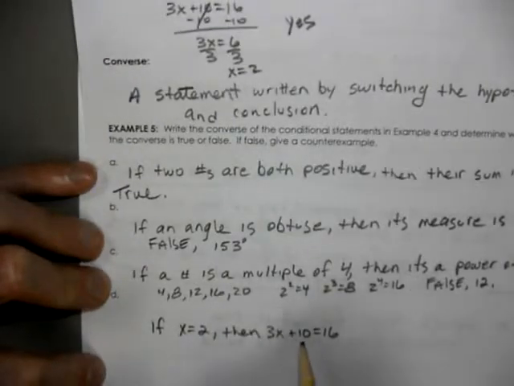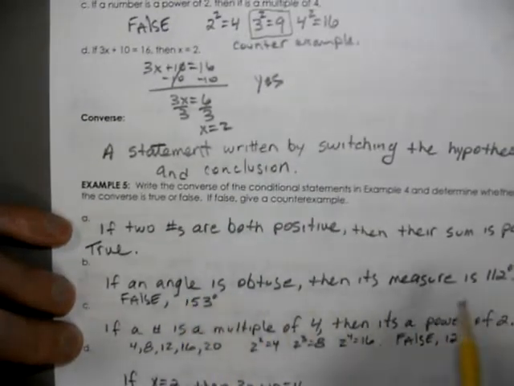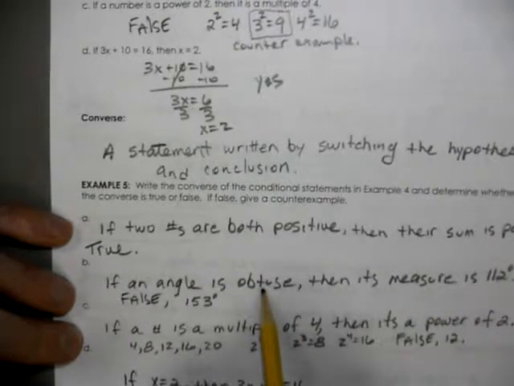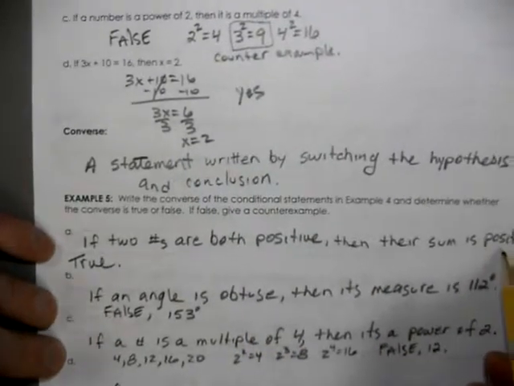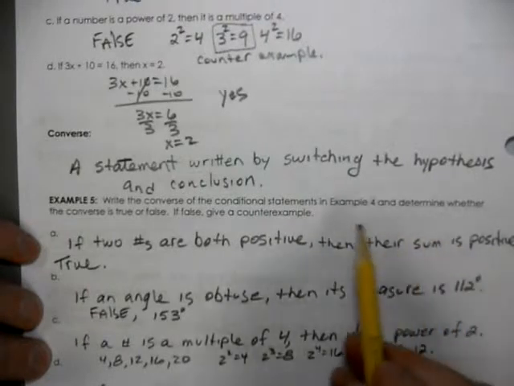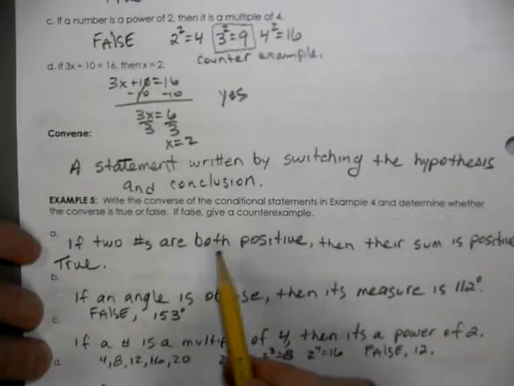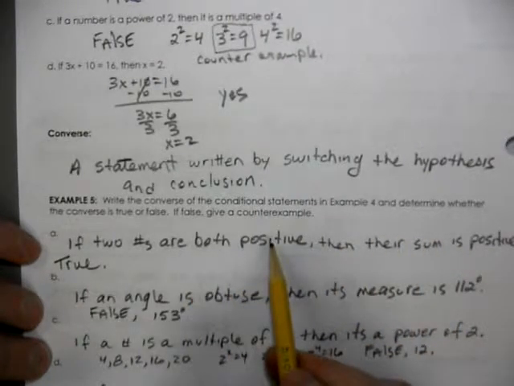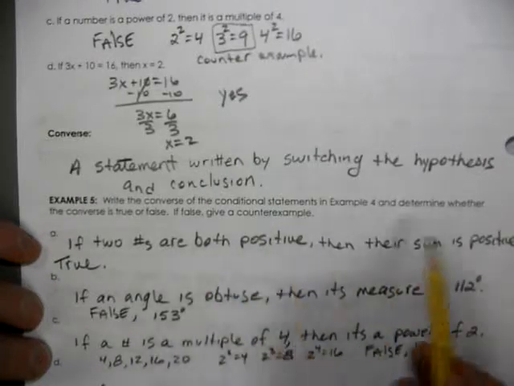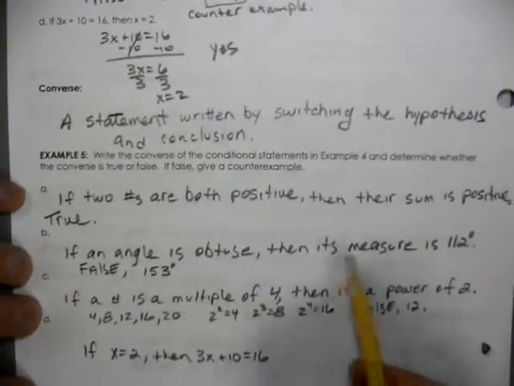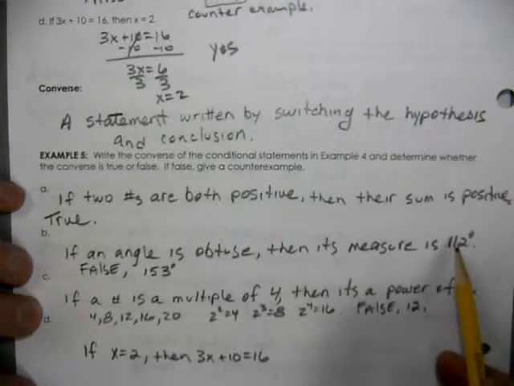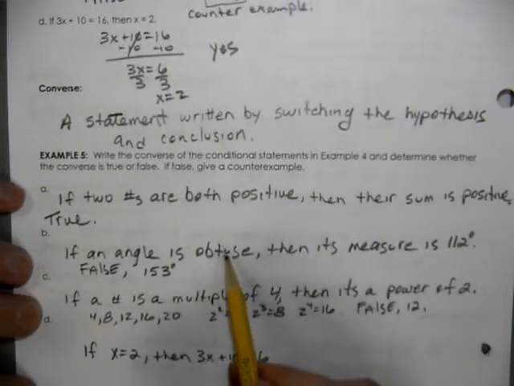Well, the question is, can we think of another equation that could have x equal to 2? Up here, could we think of another angle that makes it obtuse? Could we think of something other than positive that you get two numbers to both be positive? If two numbers are positive, we're only going to get positive. In this case, we can think of another angle that makes this true.